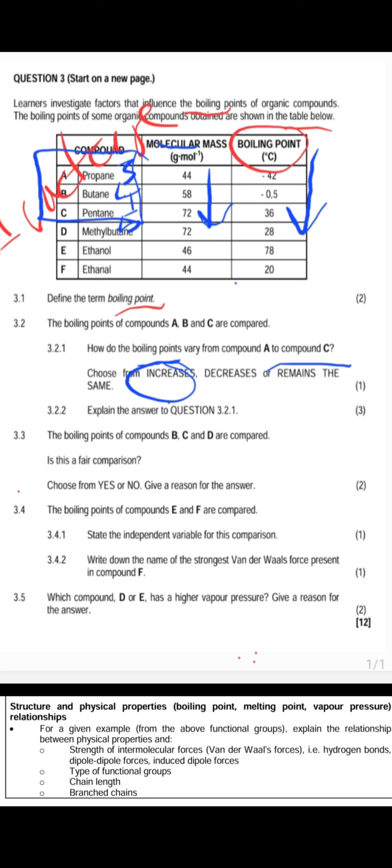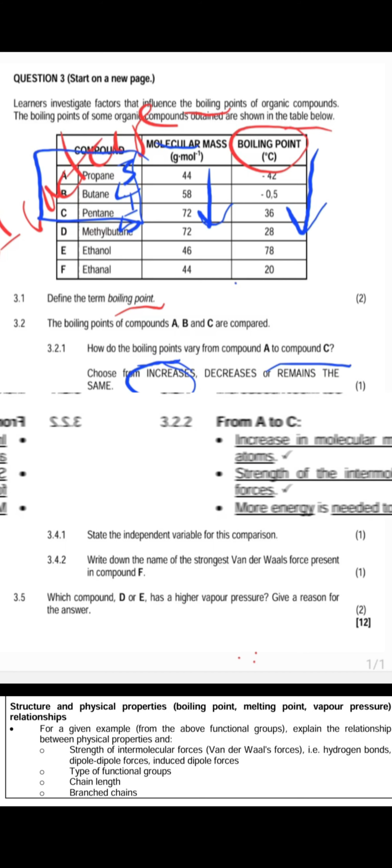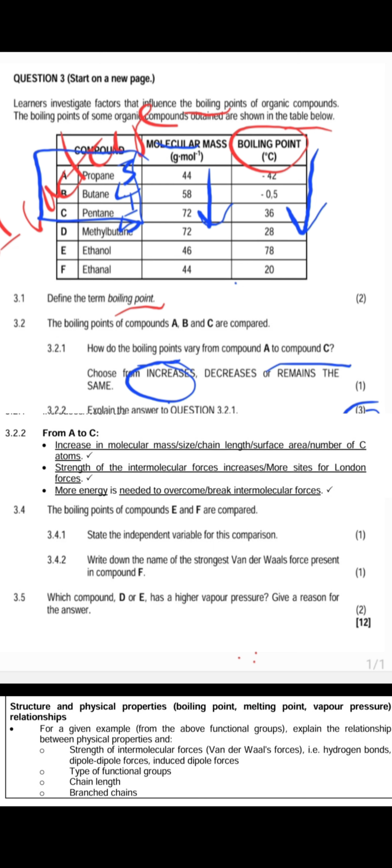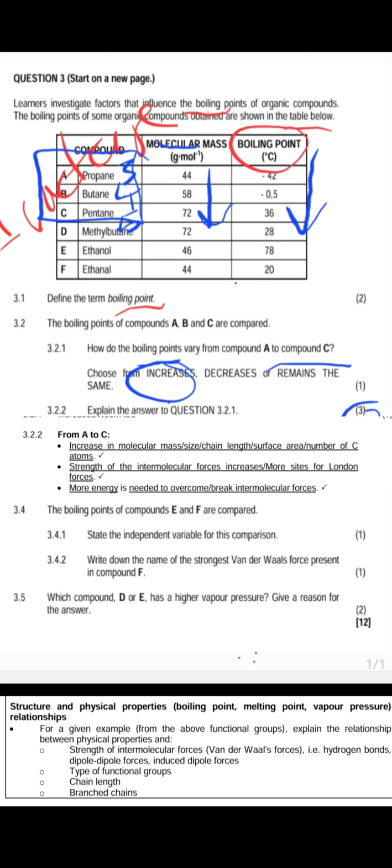Now they say explain your answer. This is a very interesting question, and you can see that it goes for up to 3 marks. What you are going to realize is that there is an increase in the molecular mass. Since we are increasing the molecular mass, we are increasing the chain length, the surface area, and the number of carbons.